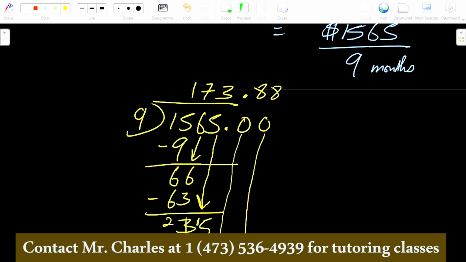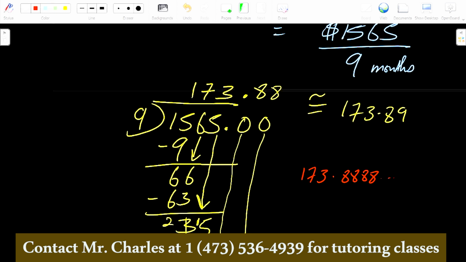$173.88 would round off to approximately $173.89, because what you would get up here, since the 8 would recur, is 173.8888 and so forth.